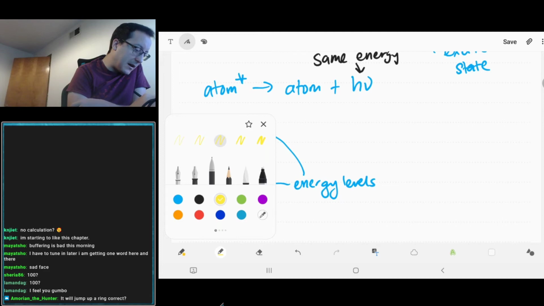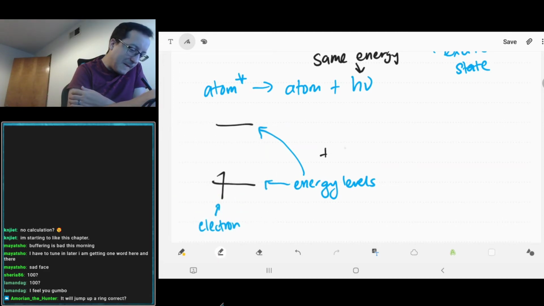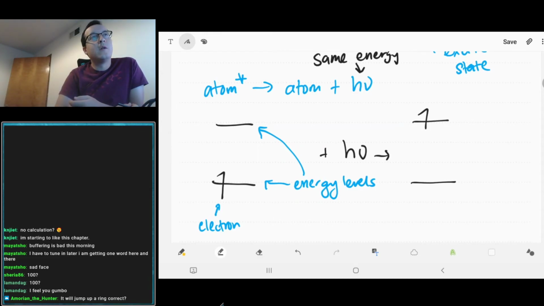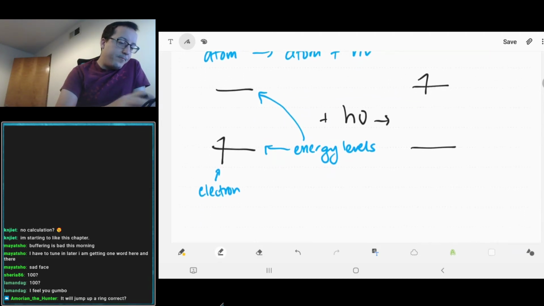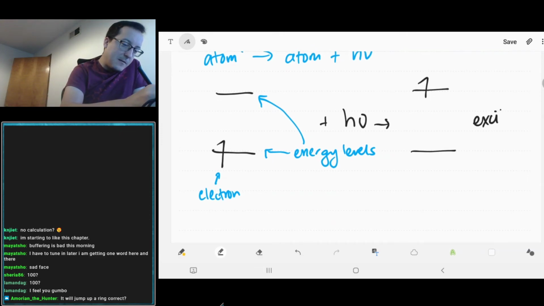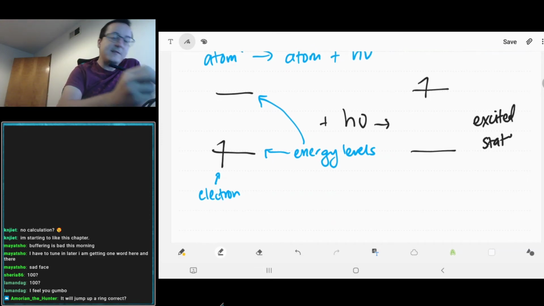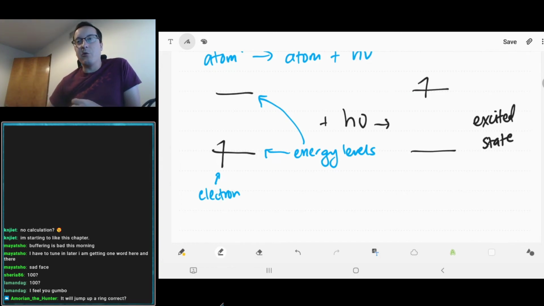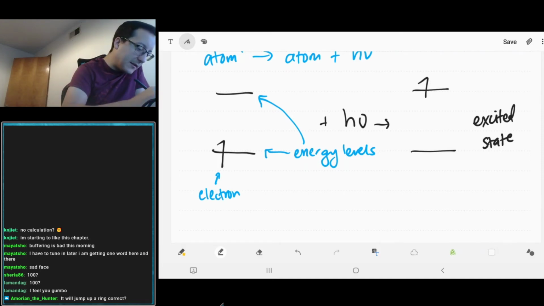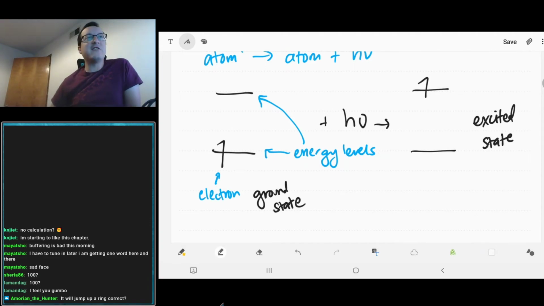So if we blast it with our photon, we have our excited state one. Remember, this is exactly the same as we've done before. I'm just making it now with energy levels instead of those orbitals. Same idea. This was our ground state here. We have given it some energy with a photon. It is now an excited state.